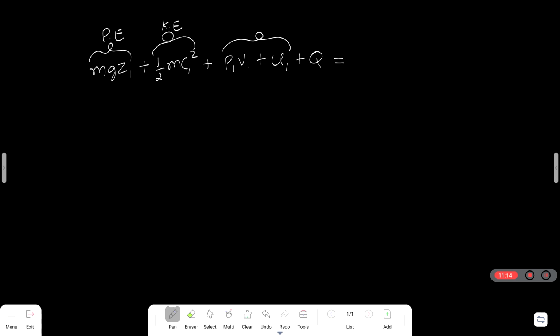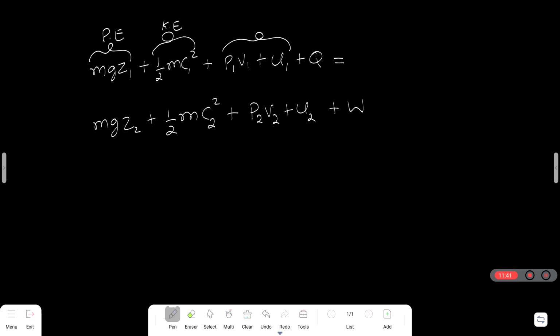What is the output? Again, the same: potential energy plus kinetic energy, plus enthalpy, flow energy plus internal energy, plus the work.